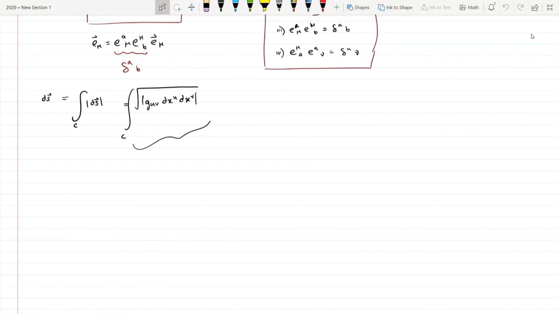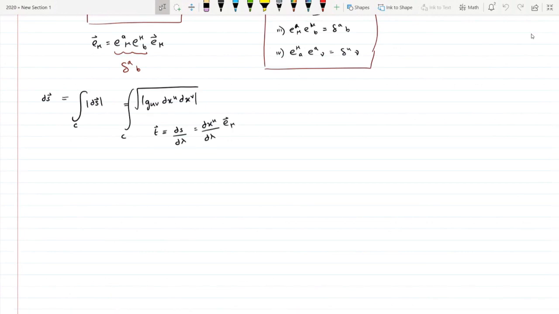And you'll find that our initial definition of what our tangent vector is simplifies this problem for us. If you remember our tangent vector, which I called d, defined as our separation vector ds by d lambda, which we'd rewritten as dx mu d lambda e mu.